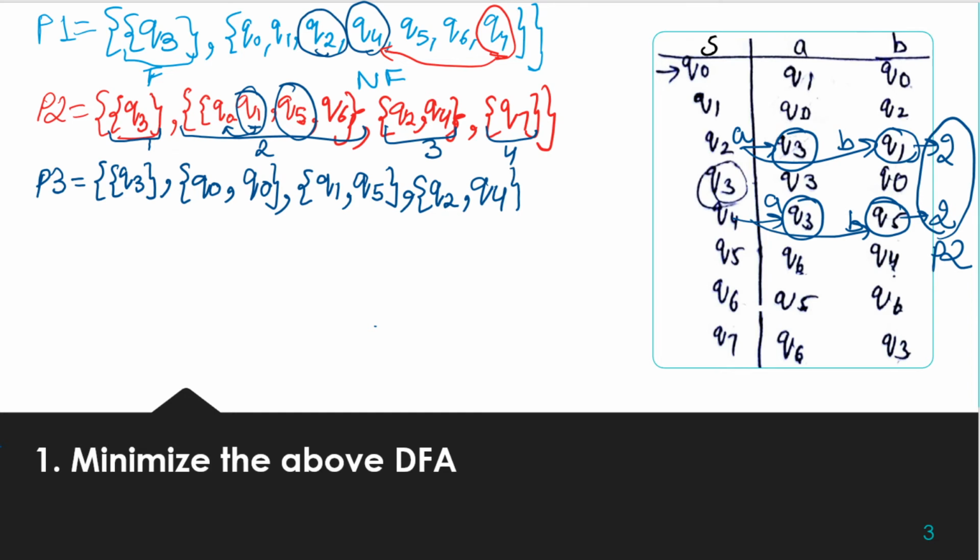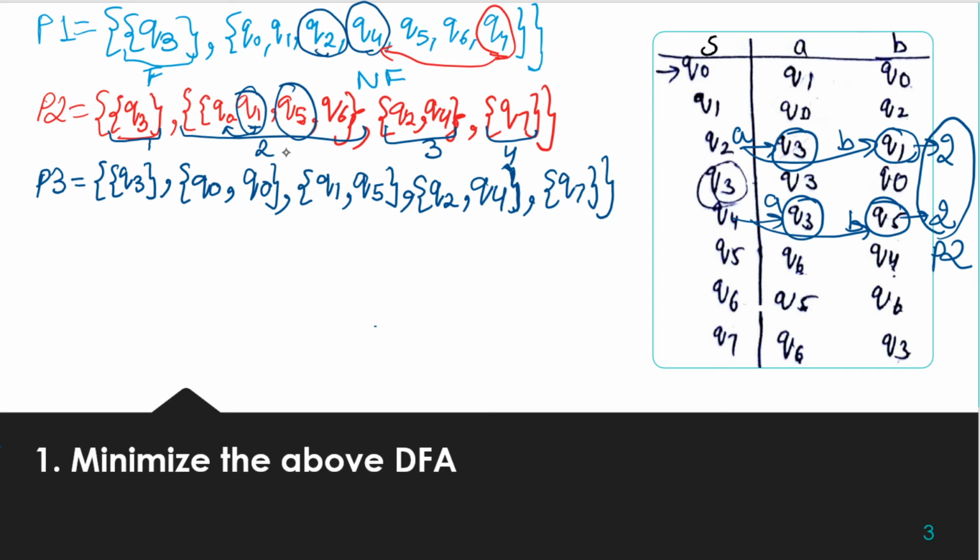So Q2 and Q4 are kept in the same group for partition 3, and as Q7 is the only state, we cannot check its similarity with any other state, so Q7 is a separate state for partition 3 also. So this is the final partition 3.